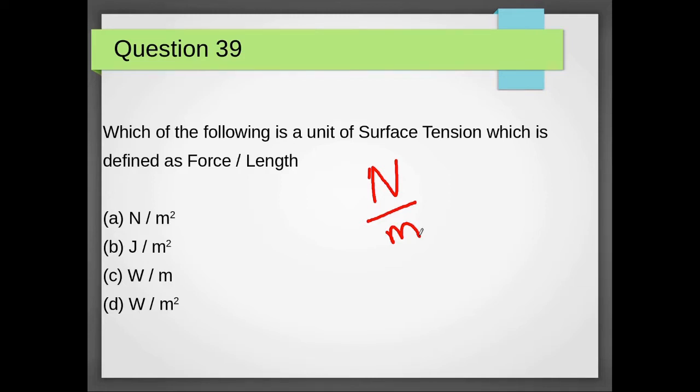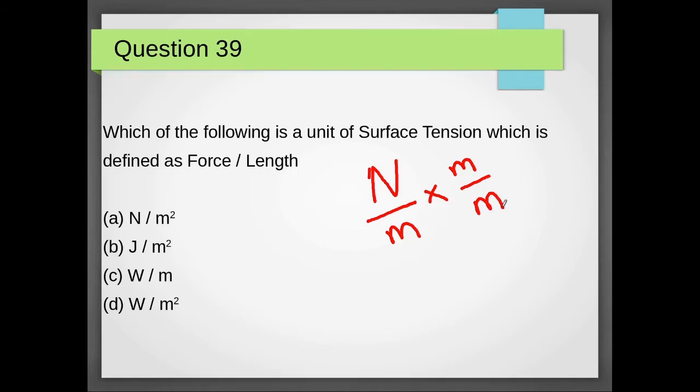So you will have to do some juggling of the units. So one thing that you can do is try going option by option. So obviously option A is not the answer. Go to option B. It has meter square in the denominator. So possibly you can multiply a meter for both the numerator and the denominator.